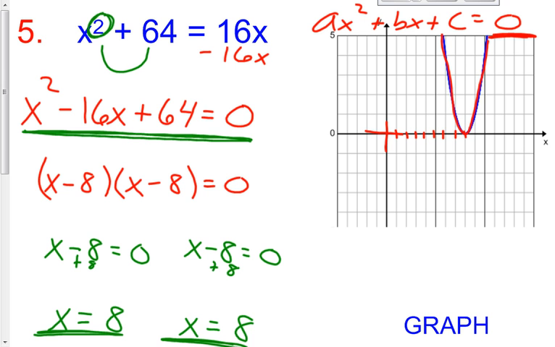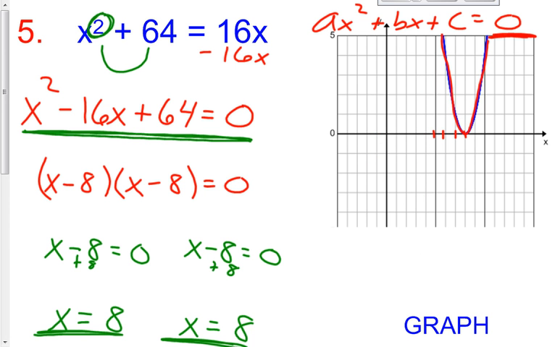So when we have two solutions, it means that it comes down, passes through, and then hops back up again. Or if it were a parabola that opens down, it would hit the x-axis, come up, and go back down again. When it's a double root, it does not pass through the x-axis. It only touches it and hops back up again.